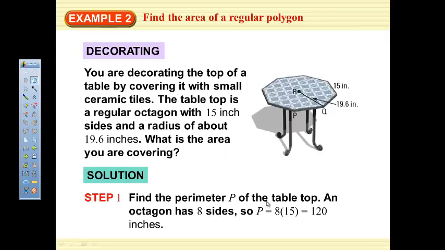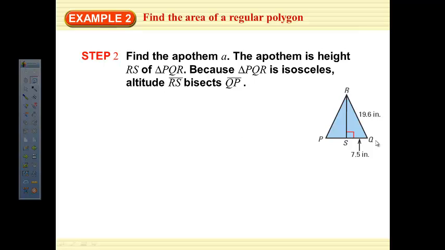So again, perimeter is found by 8 sides with 15 inches apiece, which is 120 inches. We know that the whole length from P to Q is 15, so from S to Q it should be 7.5. Again, we found this was 7.5 because it's half of 15.